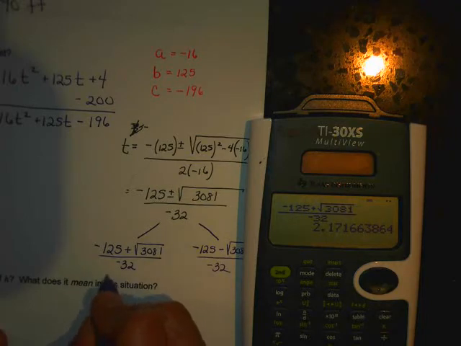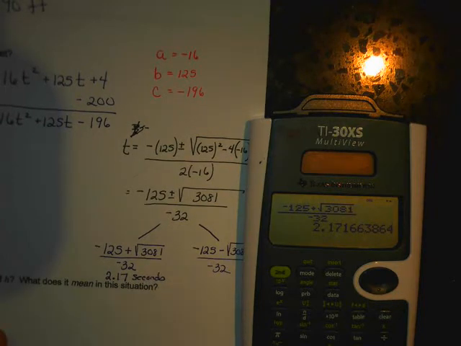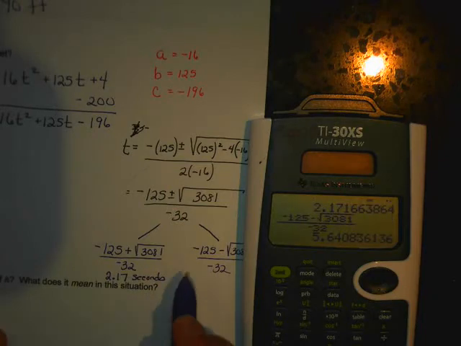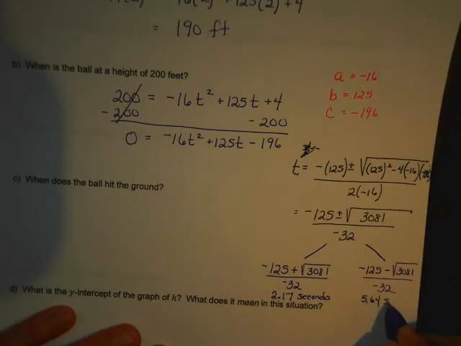So I got 2.17 seconds. And then let's do it again. Negative 125 minus square root of 3081 all over negative 32. And then 5.64 seconds. All right, why two answers?